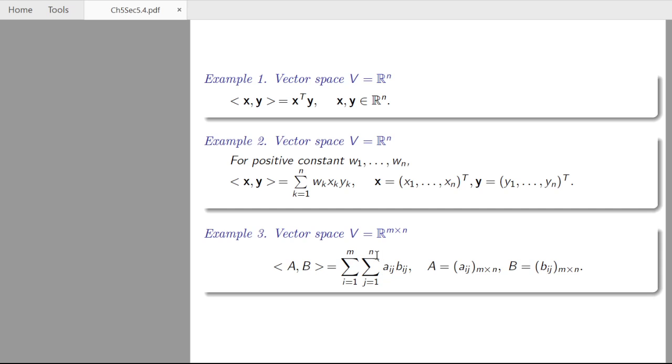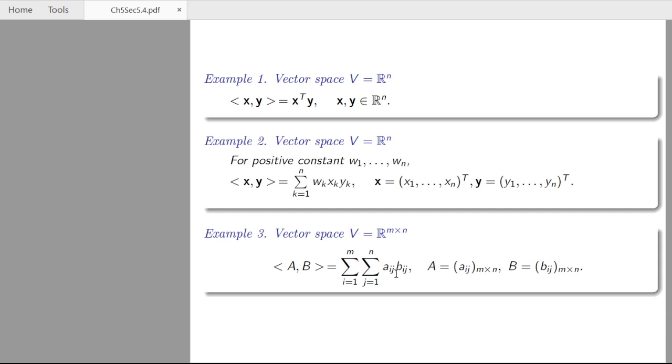This makes the operation. Now for this operation, we can check the three properties. For example, the inner product of A and itself will be equal to the sum of Aij times Aij. So this is the square. That means the inner product of A and itself is equal to the summation of Aij squares.